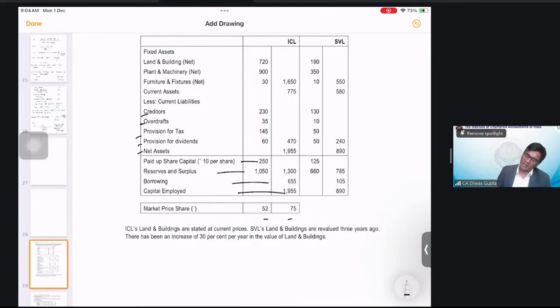ICL's land and building are stated at current prices. SVL's land and building were revalued 3 years ago. There has been an increase of 30% per year in the value of land and building. Okay, so the land and buildings have increased by 30% per year since 3 years before.